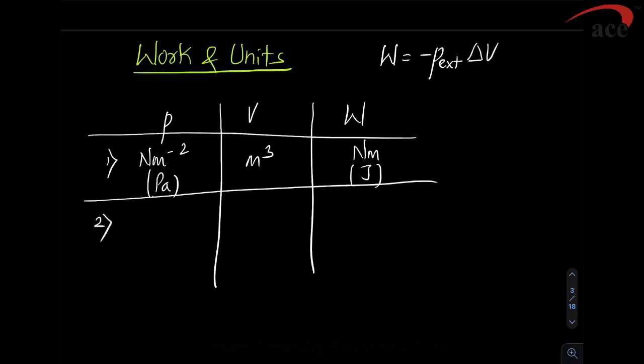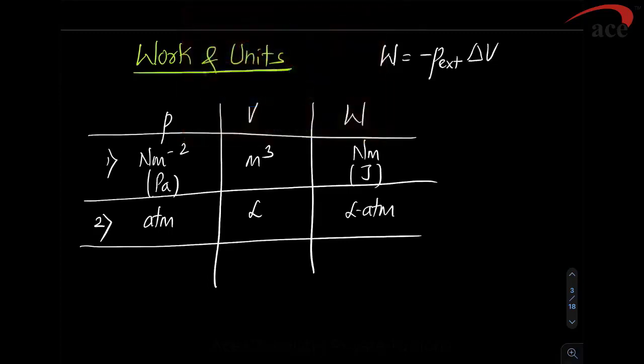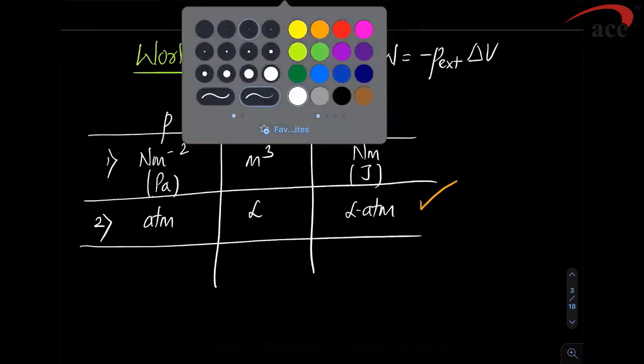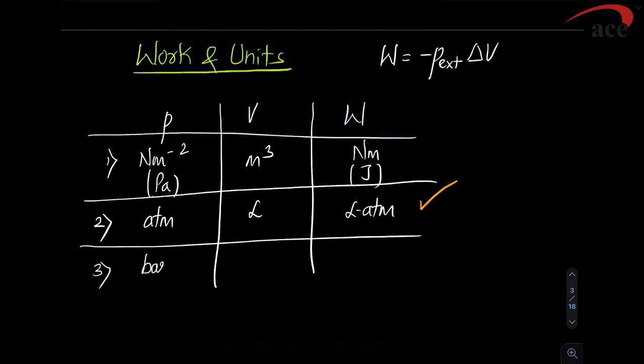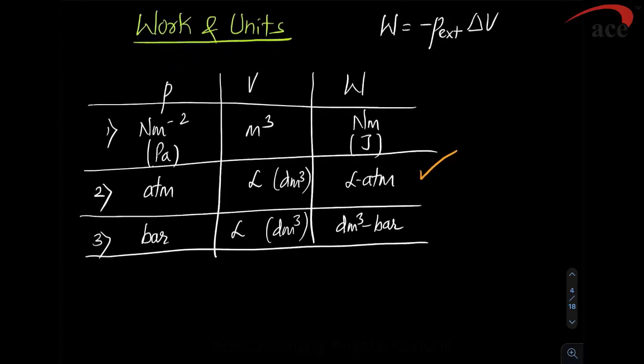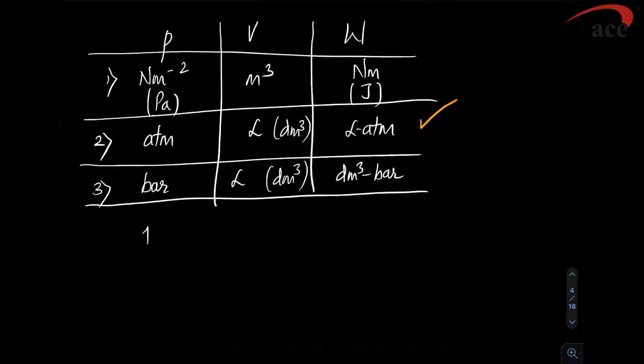Second, if pressure is in atmosphere and volume is in liter, then work done will be in liter atmosphere. The commonly used unit in chemistry is liter atmosphere. You can have one more unit: pressure can be given in bar and volume in liter. You are aware liter is also popularly called decimeter cube, so this can be called decimeter cube bar.